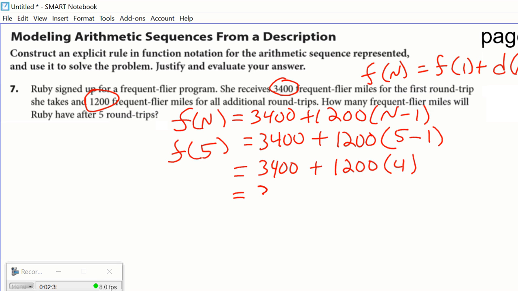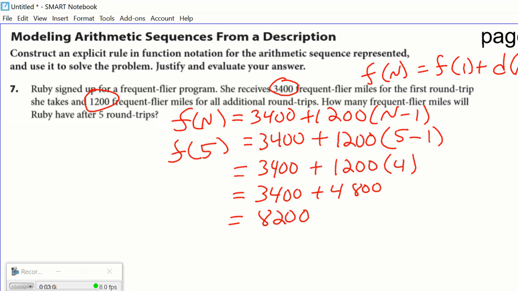Okay, and now we're going to have 3,400 plus 4,800. And finally, we're left with 8,200 for our total frequent flyer miles.